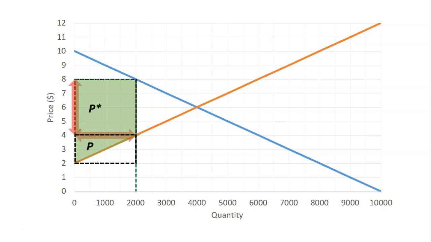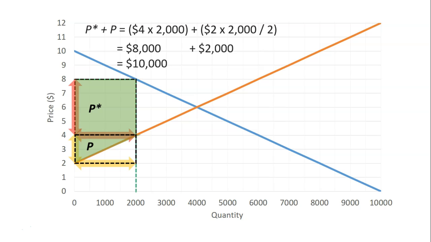So height times width for P star, obviously we don't divide that by 2, and height times width for P, but we do cut that in half. So here's what we get. P star is $8,000 plus P is $2,000. So the total economic welfare area is $10,000 due to this collusive behaviour.